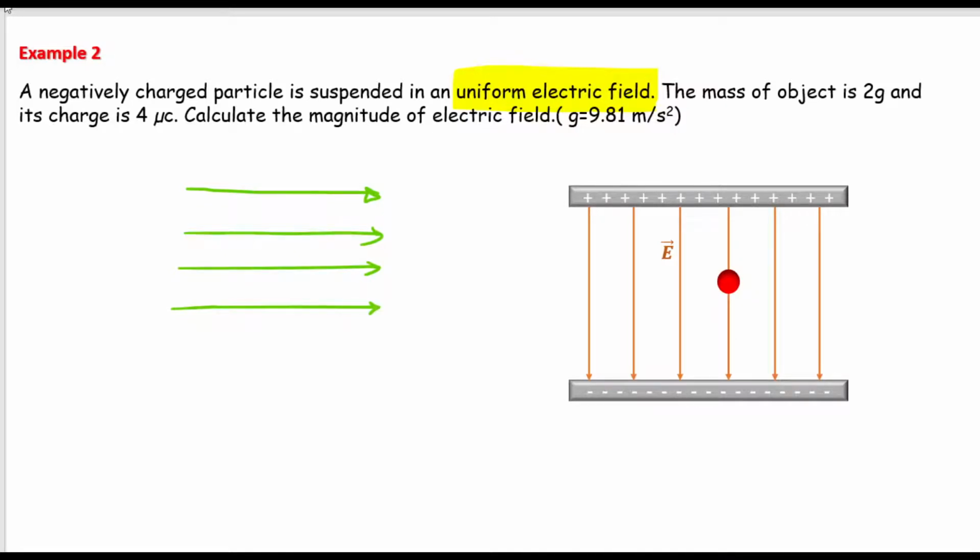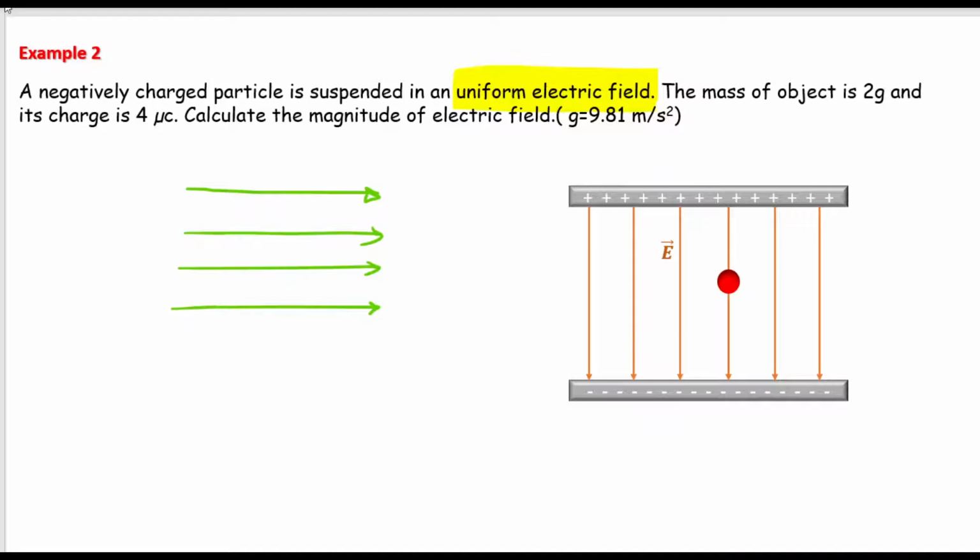So one way to create the uniform electric field is to locate two metallic plates that are charged with opposite charges, positive and negative, like what you see here. That is the cross-section image of two charged plates.